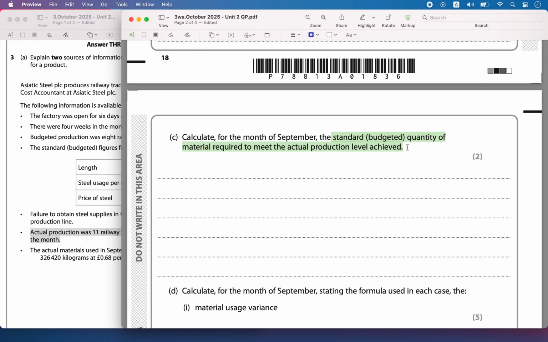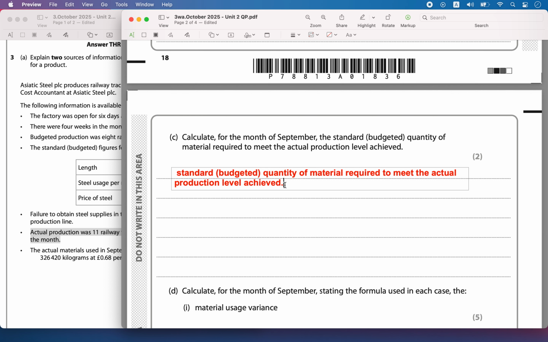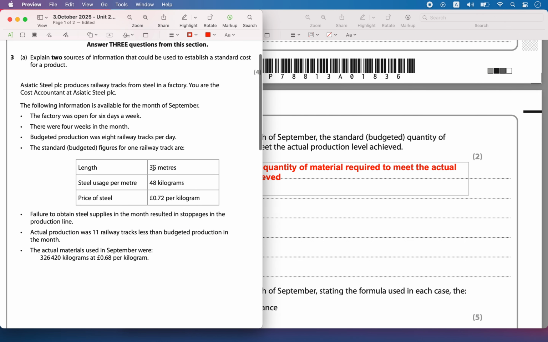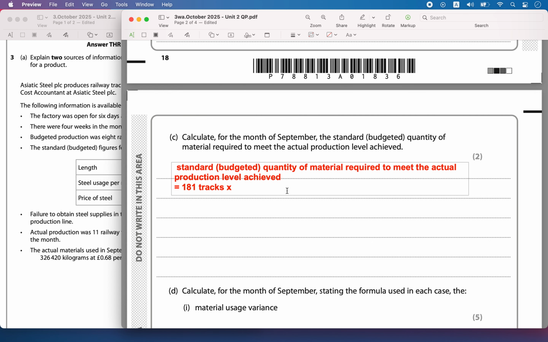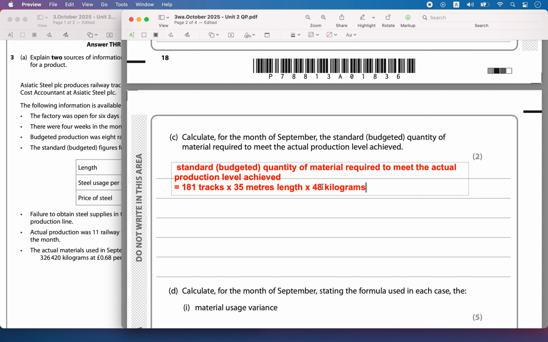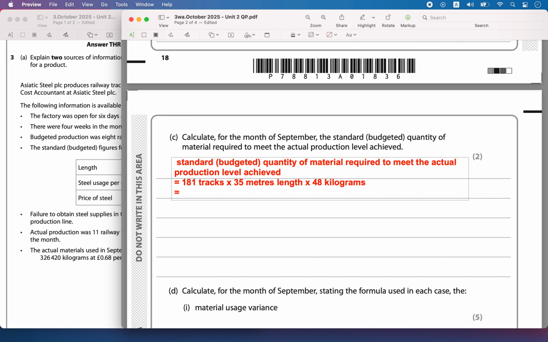Then calculate for the month of September the standard quantity of material required to meet the actual production level. What is the material quantity that is required to meet the actual production level? The actual production level was 181 tracks only. Here we see that one track is made of 35 meters length and it takes up about 48 kilograms.